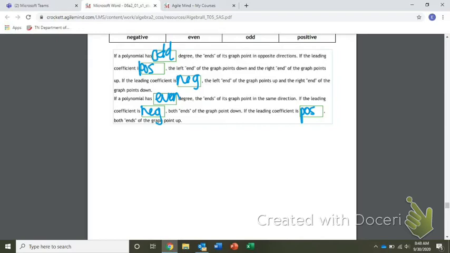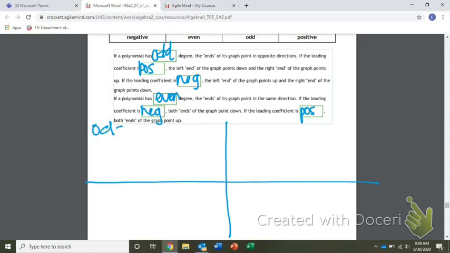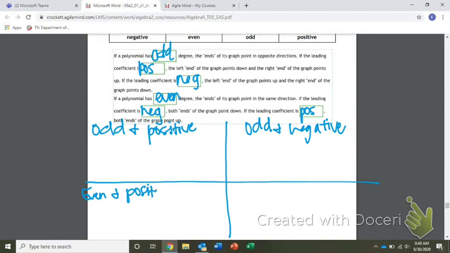First, I want you to draw a place like this. Up here, you're going to write odd and positive. Then you're going to write odd and negative, even and positive, and even and negative.